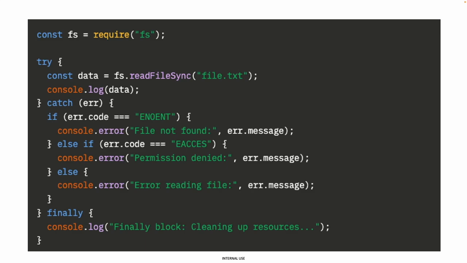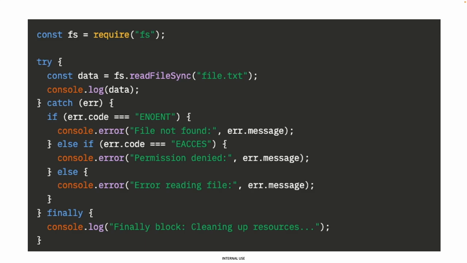So like I said, in a try catch statement where you have a try block with the curly braces indicating, hey, I'm going to try this method, this readFileSync method. And really, the catch block is going to catch anything that happens in the try, any errors that happen in the try.